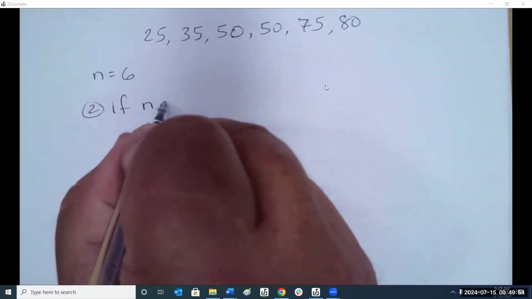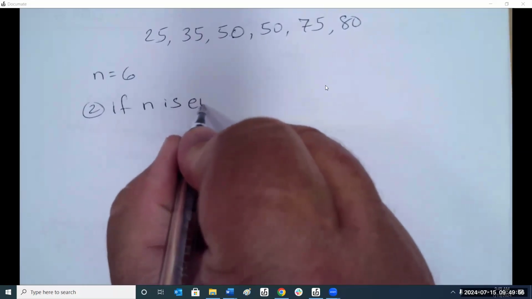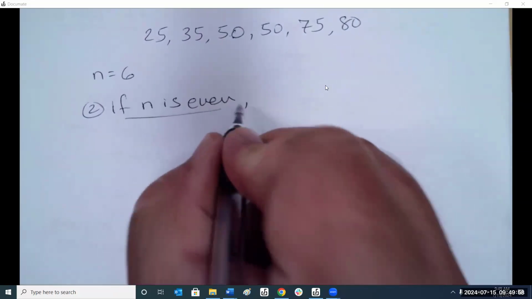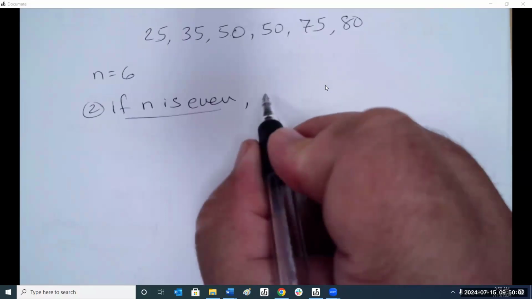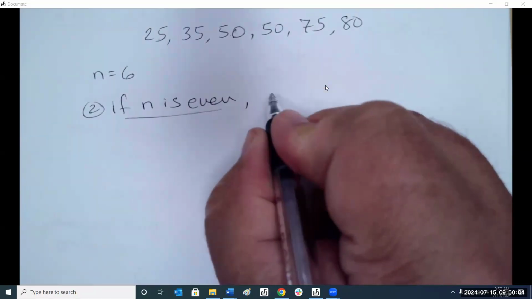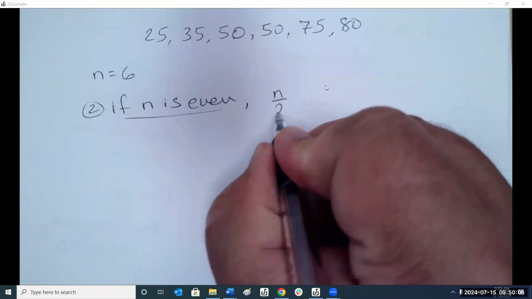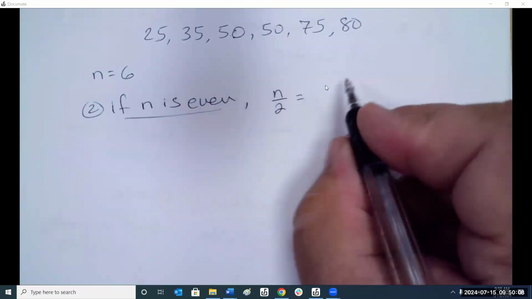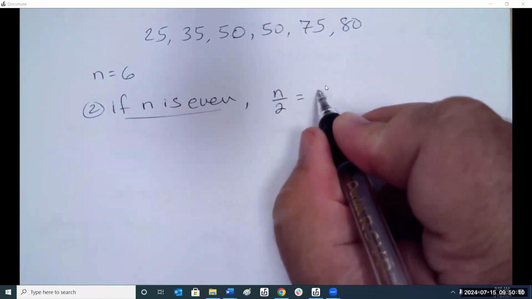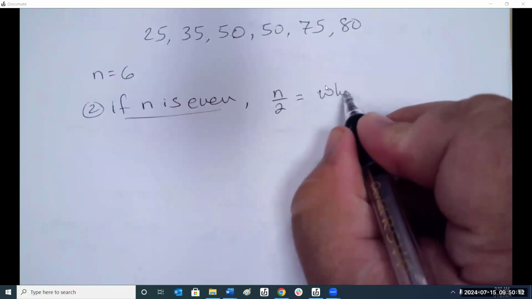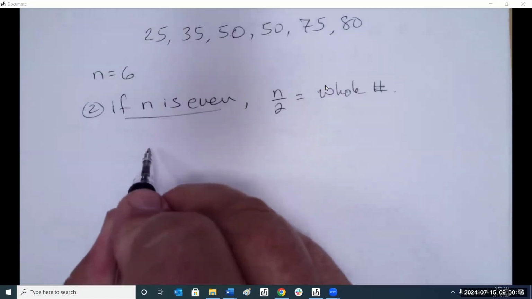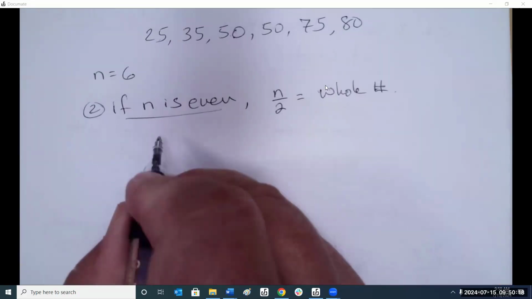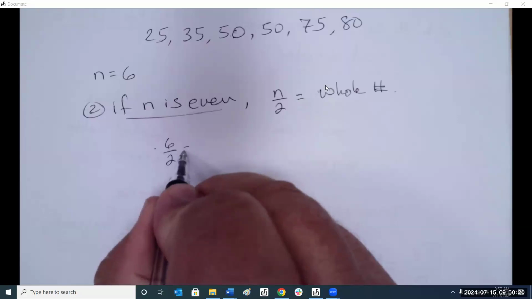If n is even, divide n by 2. It's going to give you a whole number. So in this case, 6 divided by 2 is 3.